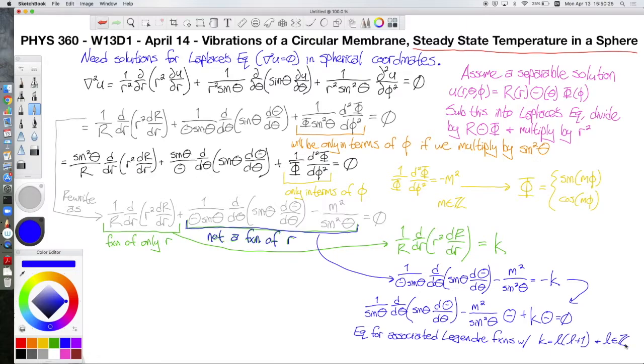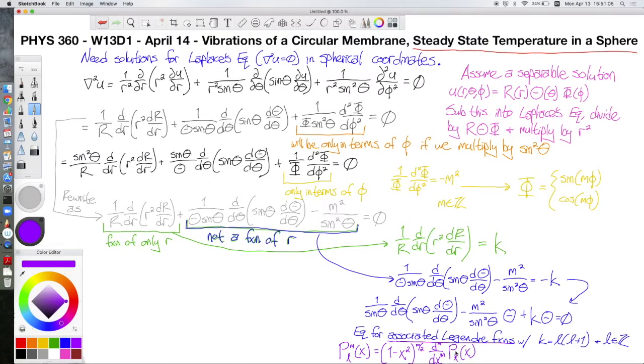We never really defined the associated Legendre functions. We skipped that section, so I just want to let you know what the associated Legendre functions are. Those are defined as P sub L with a superscript m of x gives you the quantity 1 minus x squared to the power of m over 2 times the mth order derivative with respect to x of P_L of x, our regular Legendre polynomial.